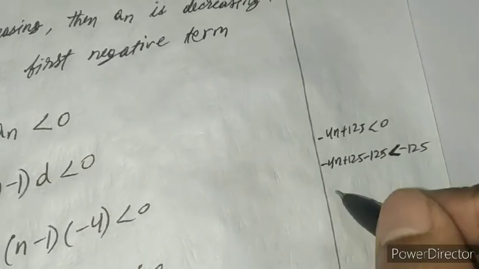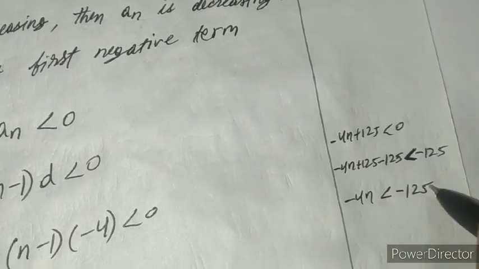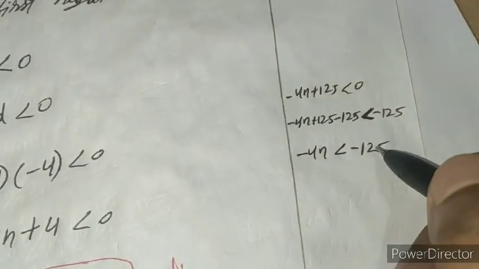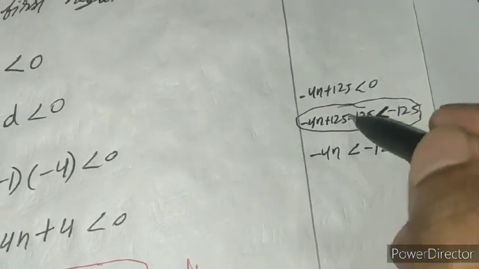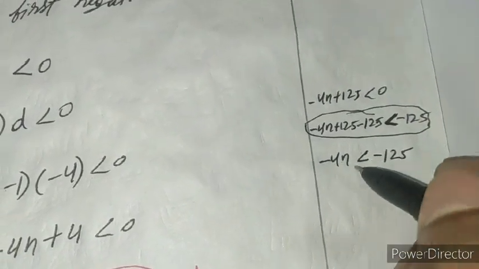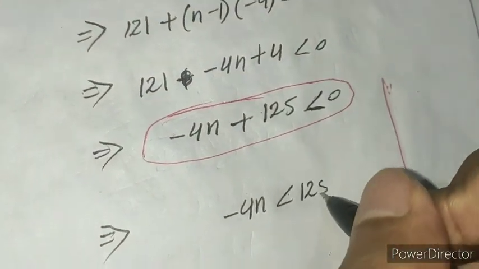So minus 4n is less than minus 125. Actually this is the process, but we don't write it. We just write it as minus 4n is less than minus 125.